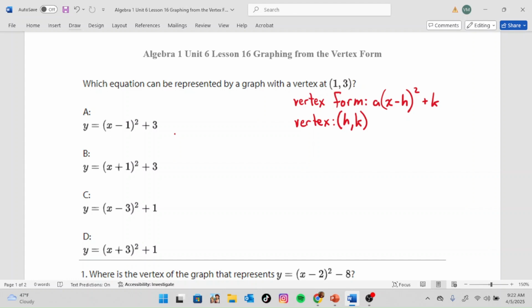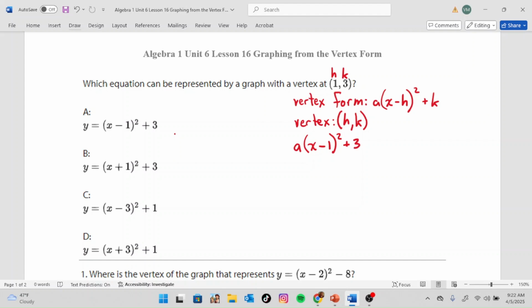So if I were to take this format, I would rewrite it as a times (x minus, in this case, h is going to be 1. So I'm going to put 1) squared plus k. And in this case, k is going to be 3.